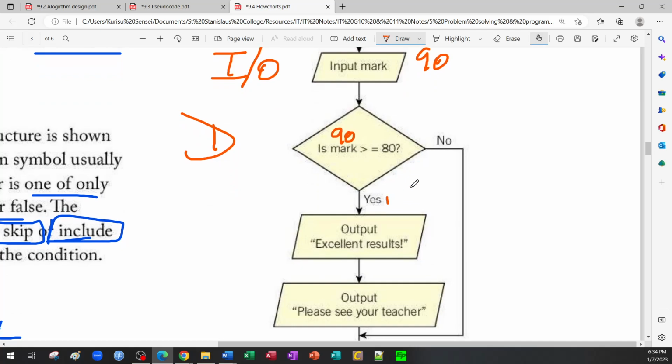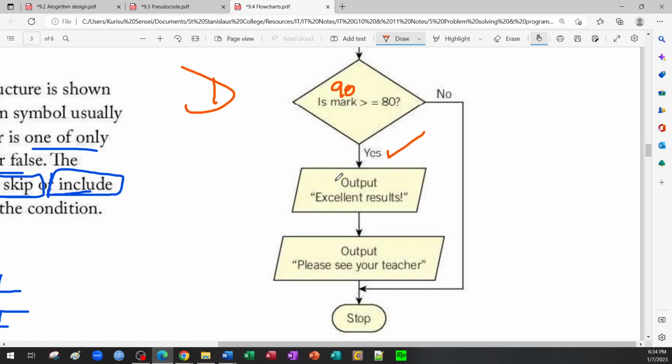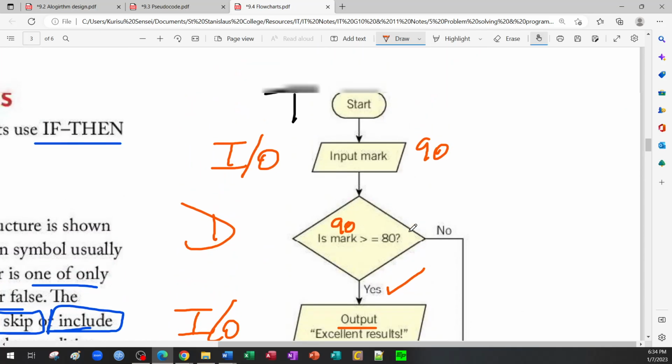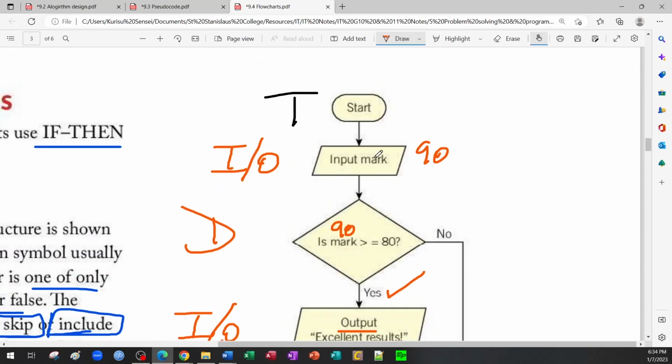The answer is going to be yes. So it's now going to output excellent results, and it's also going to output please see your teacher, and then it's going to end here with the terminal. So instead of initializing, we can accept the value into that variable.